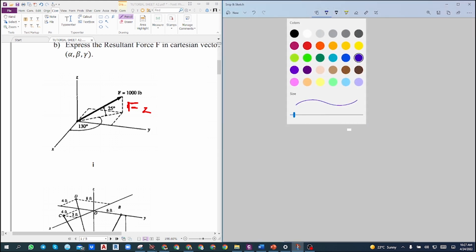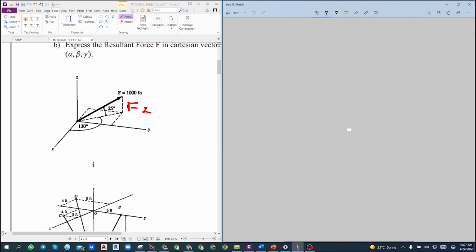Let's start with our FZ. We know that FZ is equal to F sine 25 degrees, which will be equal to 1000 times sine 25 degrees.